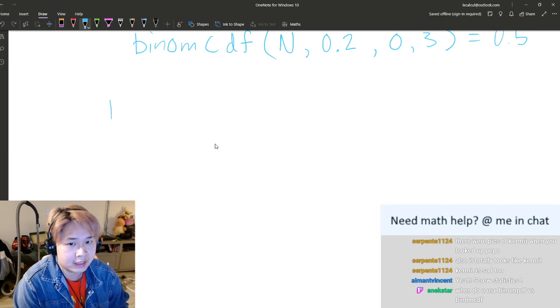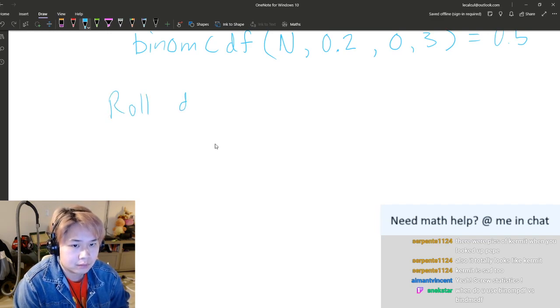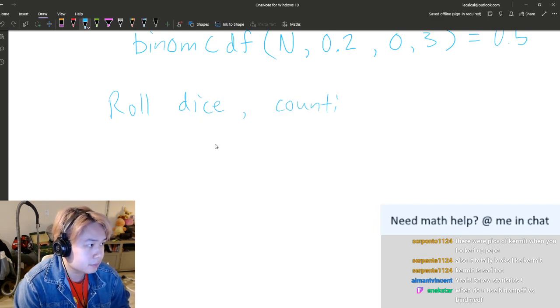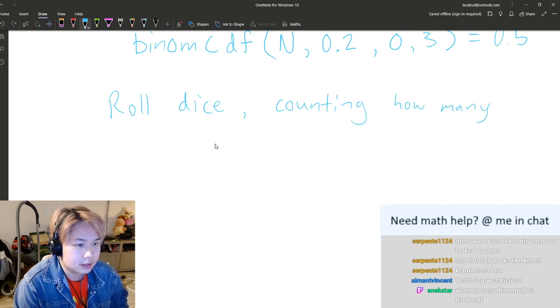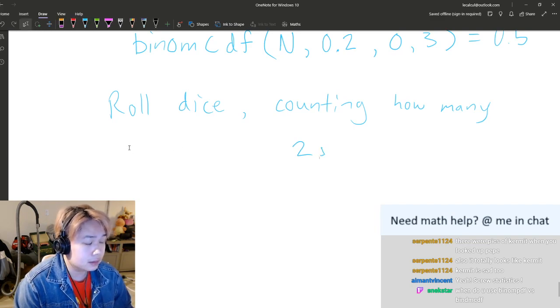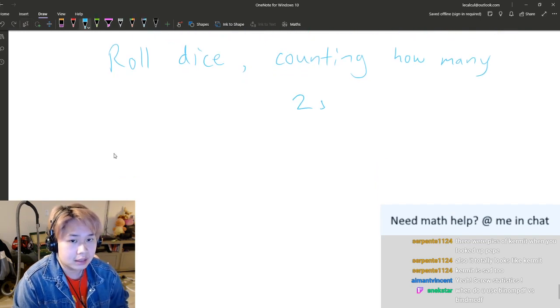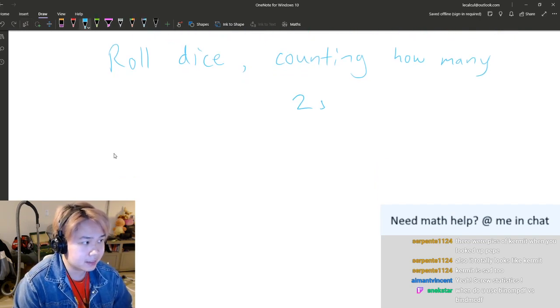And if you know how many times you roll the dice, then this is a binomial PDF because you have a number of trials, which is how many times you roll the dice, and then you're counting a certain kind of result. So we're counting how many 2s there are.